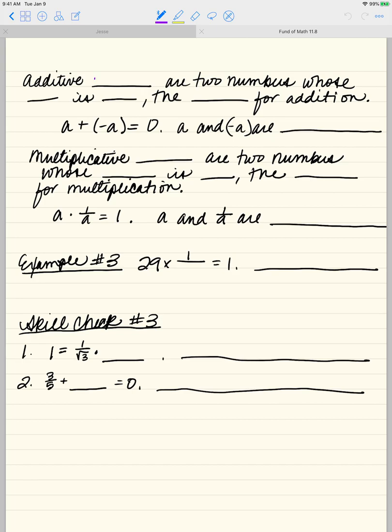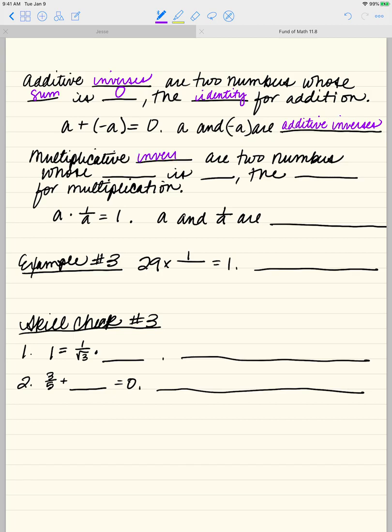To make sure we understand additive and multiplicative inverses. Additive inverses are two numbers whose sum, that's addition, is 0. Okay, is 0. And that is the identity. 0 is the identity for addition, where a plus negative a is always equal to 0. A and negative a are what we call additive inverses because their sum is always 0.